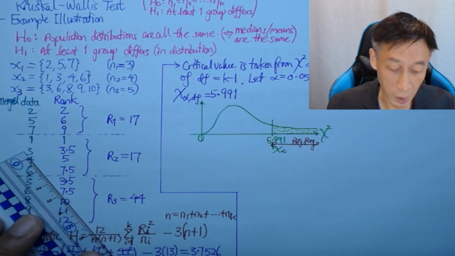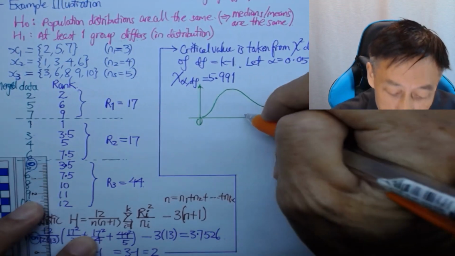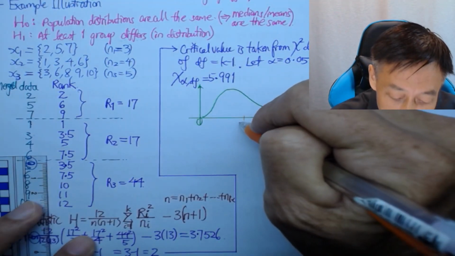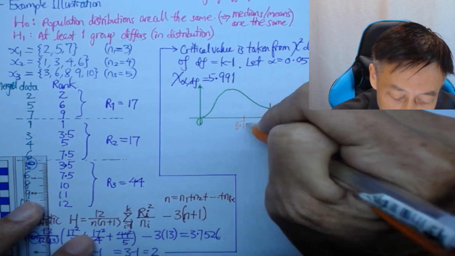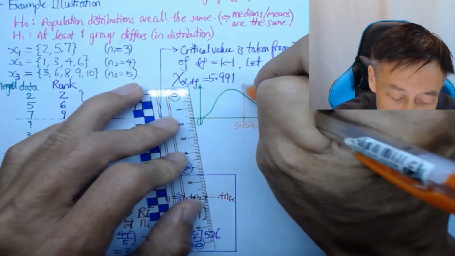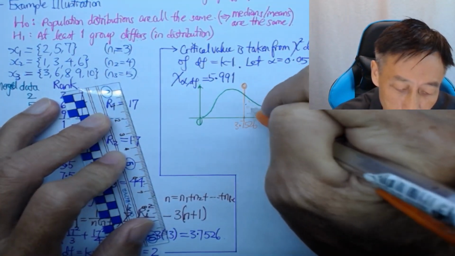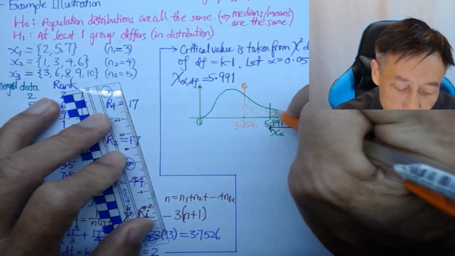And well, we have our test statistic, don't we? We have 3.75, so roughly we can say it's somewhere here, 3.7526. So the test statistic doesn't go into the rejection region, and the p-value is going to be largish.